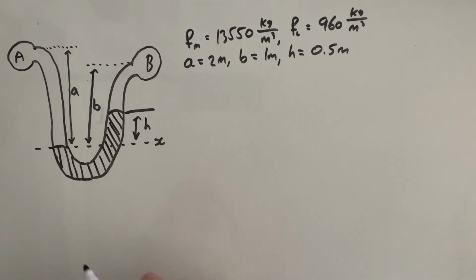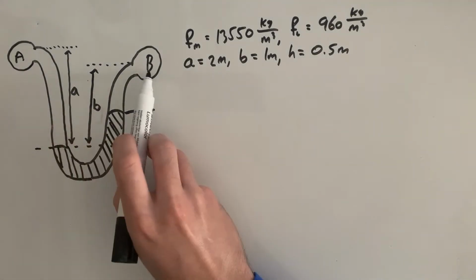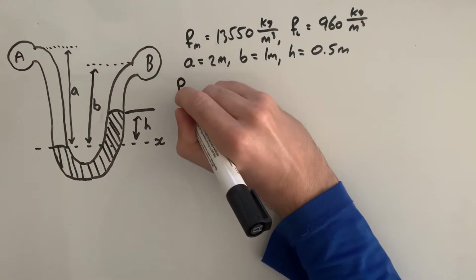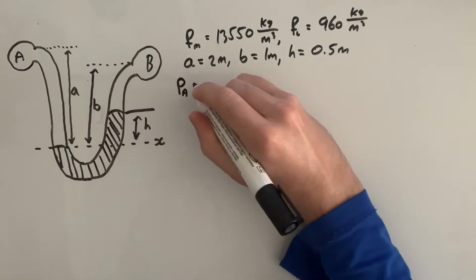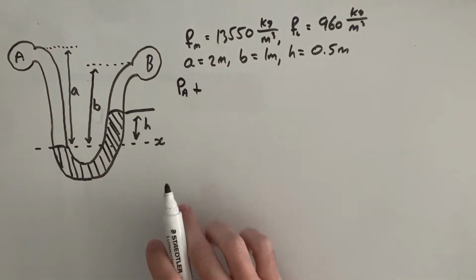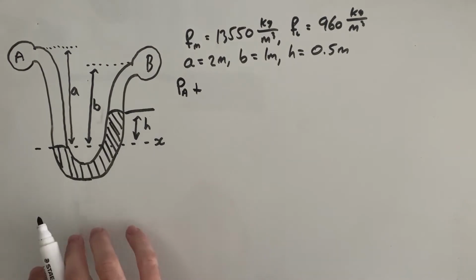So to do this, for our left-hand side, we have the pressure at A, plus what is known as the rho g h expression, so density times gravity times the height.